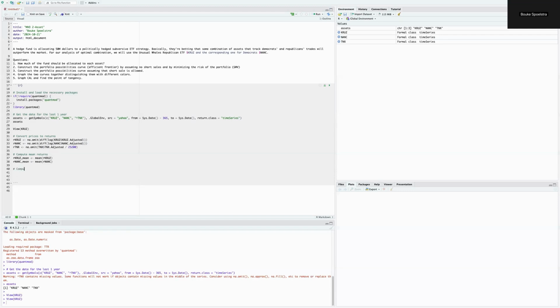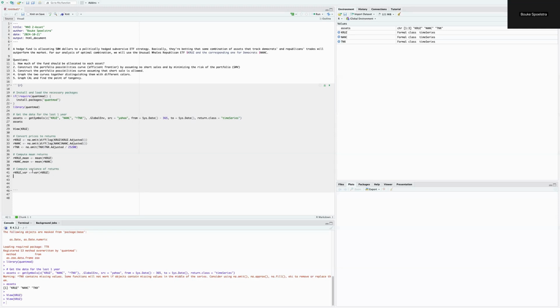Now we'll compute the variance of returns. So the variance of CRUZ, use var for that. And again, this is where we're just taking the time series measure of the variance.